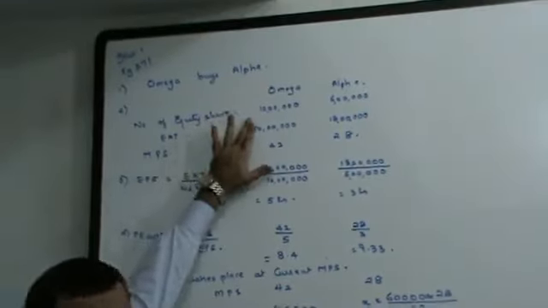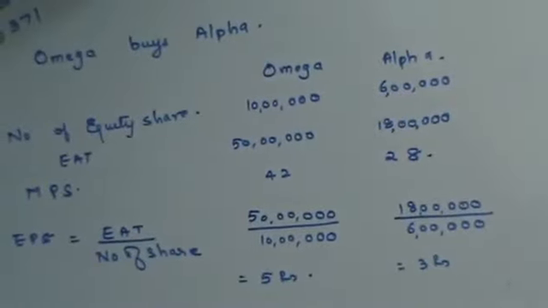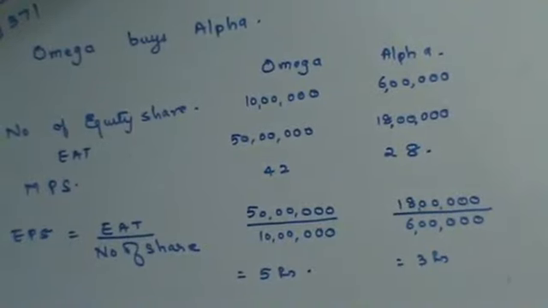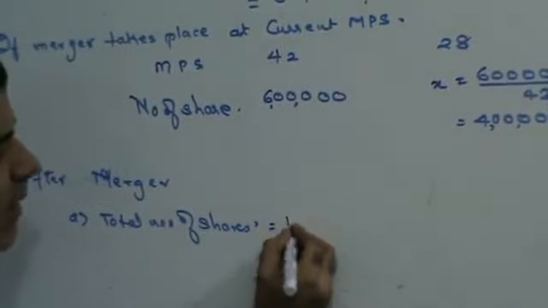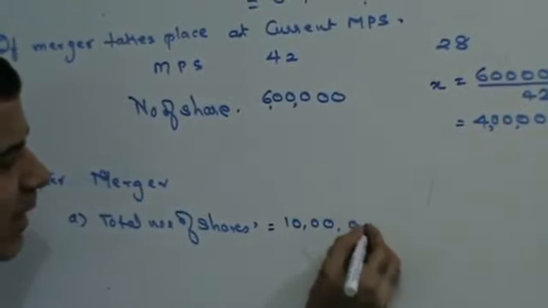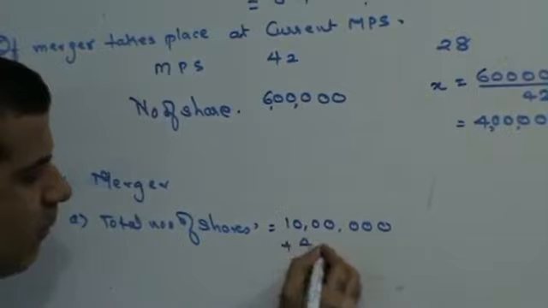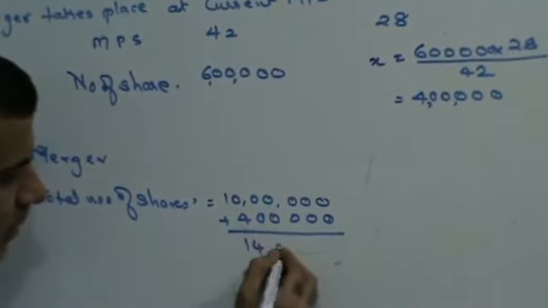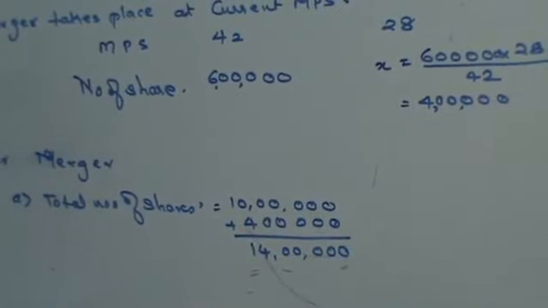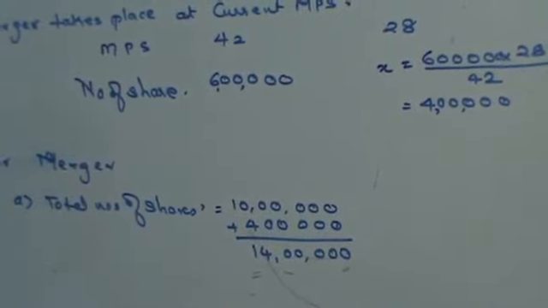Omega Limited already had 10 lakh shares. It has issued 4 lakh shares to buy Alpha Limited. So the total number of shares in Omega is going to be 10 lakhs plus 4 lakhs, so there are going to be 14 lakh shares of Omega Limited.